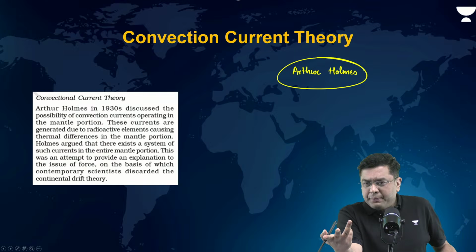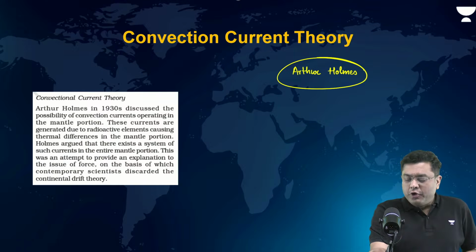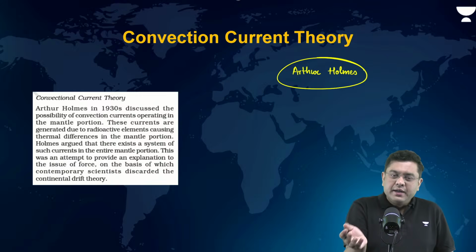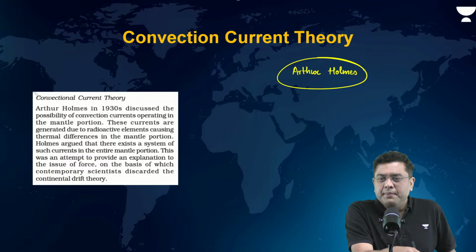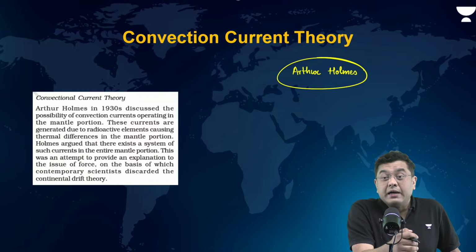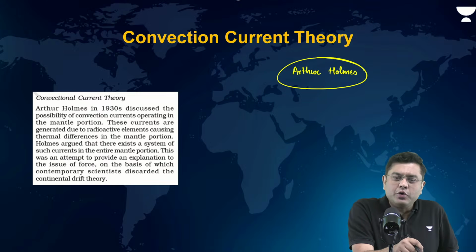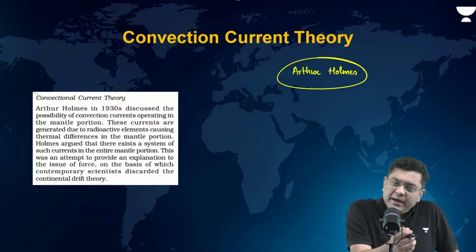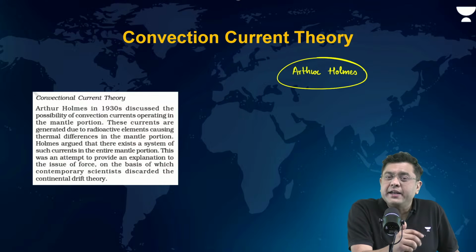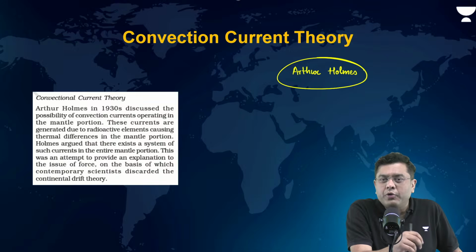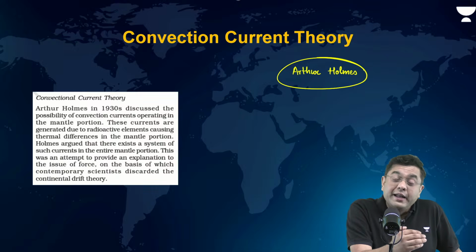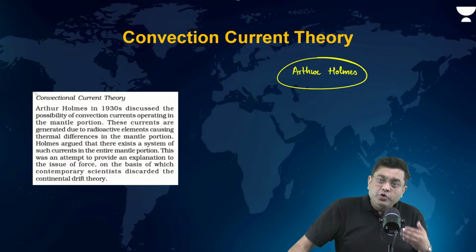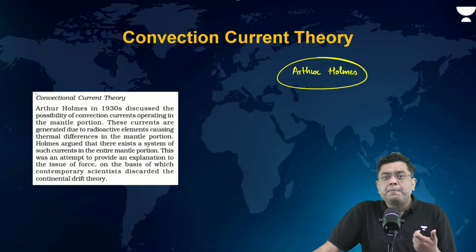Initially, just like I provided you with a background for continental drift, let me also provide you with the background here. Arthur Holmes was an individual who was initially interested in the subject of physics. Under the tutelage of the great scientist Rutherford, you would have heard about Rutherford as well, he continued his research in physics.